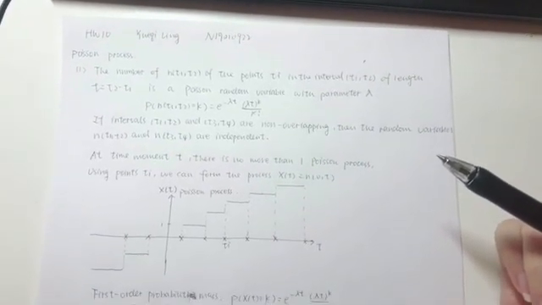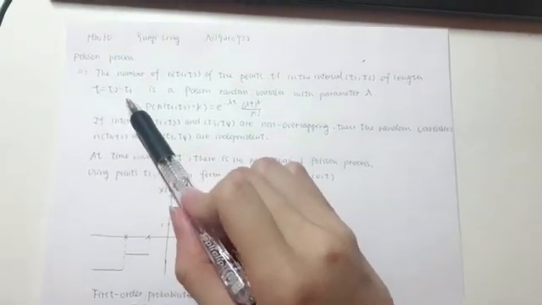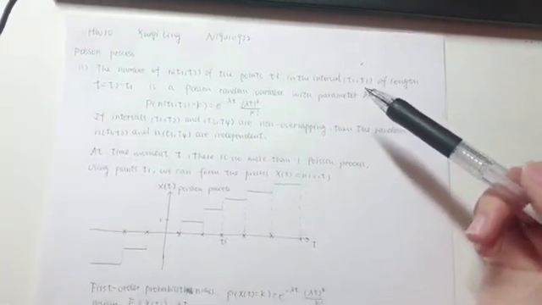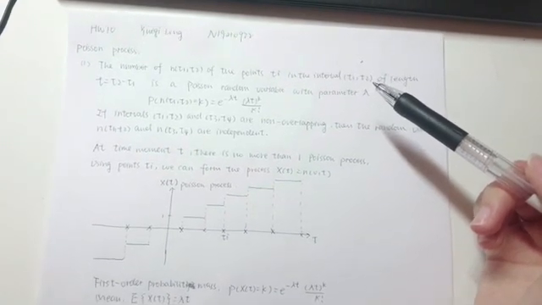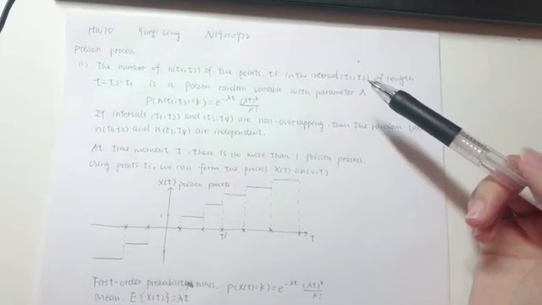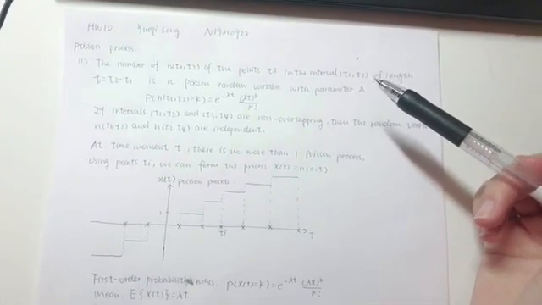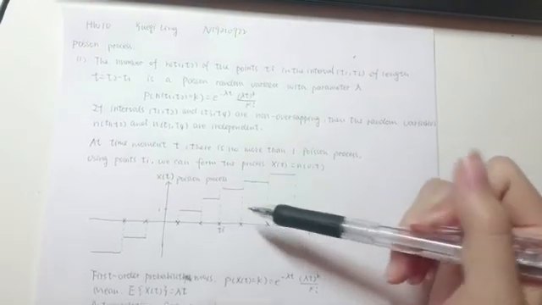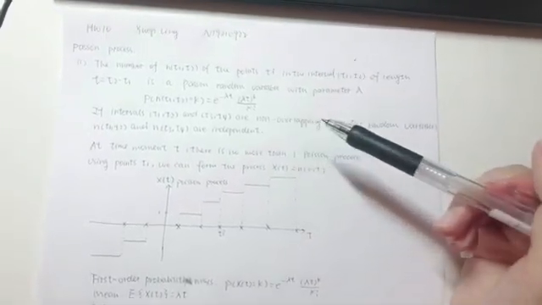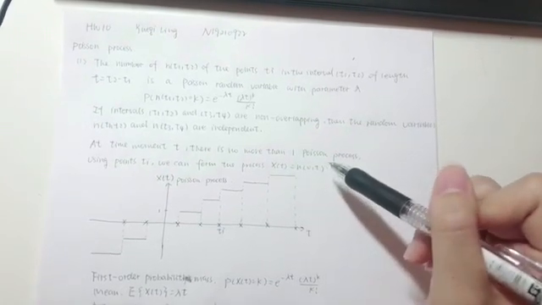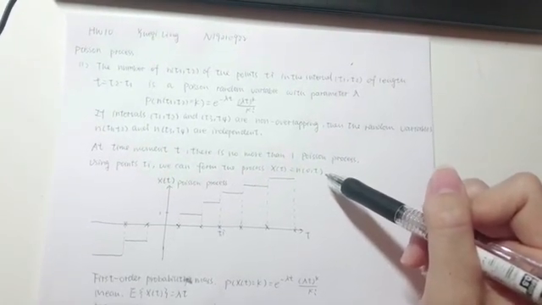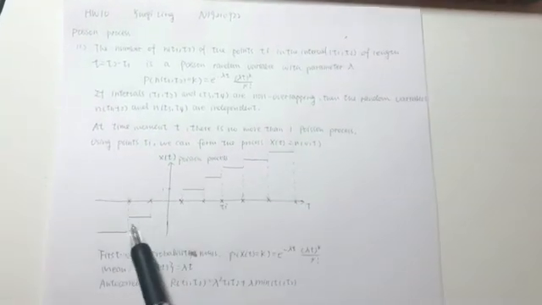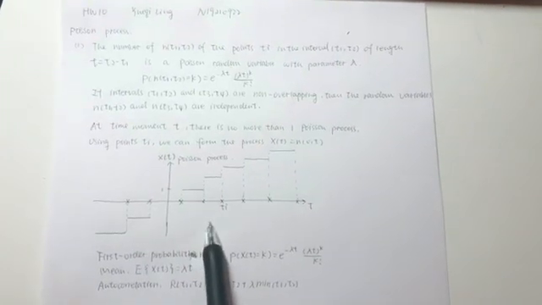At the time moment t, that equals t2 minus t1, there is more than one Poisson process if we use the points ti to represent it. We can form the process x of t equals n of 0 to t, and we can get the figure of this Poisson process like this.